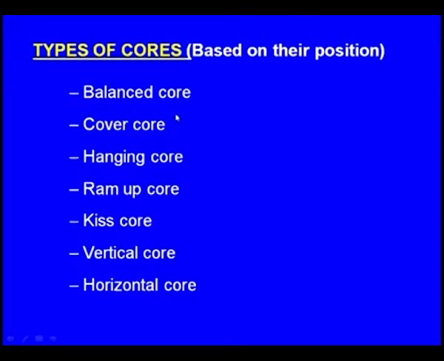Now, these are the types of cores based on their position. One is the balanced core, next the cover core, hanging core, ram up core, kiss core, vertical core, and finally horizontal core. These are the different types of cores based on their position. Now, let us see all these one by one.